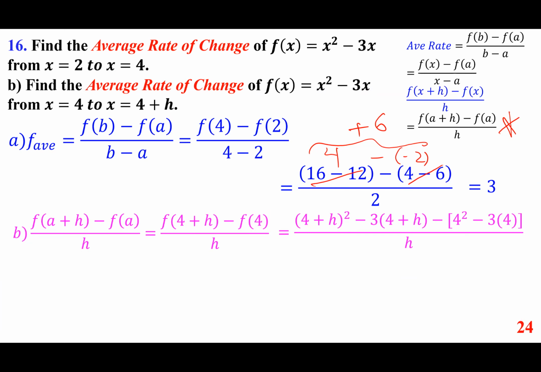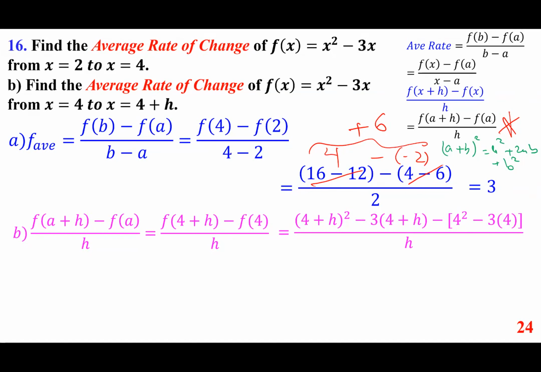A plus b squared is a squared plus 2ab plus b squared. Then you multiply negative 3 by 4 plus h, which becomes minus 12 minus 3h.